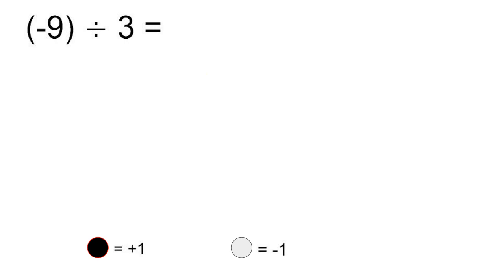Okay, this next one we are dealing with negative now. So we have negative 9 divided into groups of 3. So we're going to draw out our integer chips. So I have negative 9 of these. So bear with me while I draw those out.